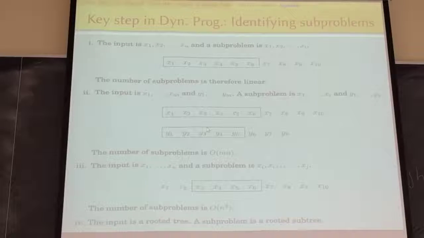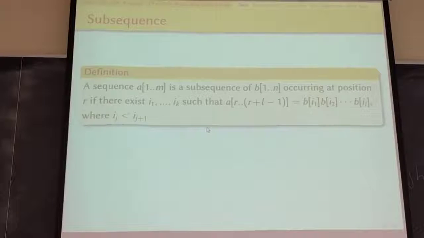I guess it is confusing. How many subtrees does a tree have? Each node defines a subtree below it. So if there are n nodes, then there are only n subtrees. So if you have a problem where you're talking about subtrees of a tree, then it's still linear.